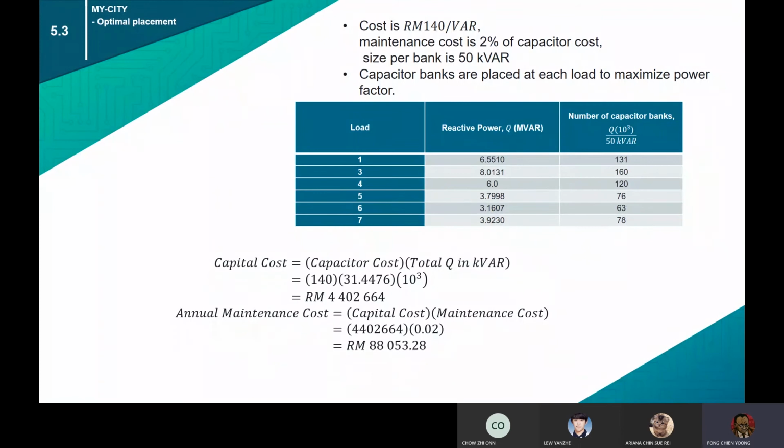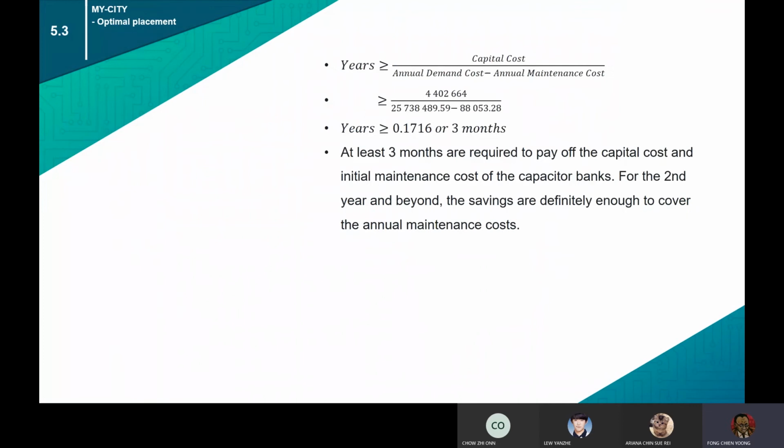Given the cost constraints, we try to place capacitor banks at each load to maximize power factor, and we calculate using those constraints to find the cost and the annual maintenance cost. From there, we approximate that 3 months are required to pay off the capital cost. For the second year and beyond, the savings are definitely enough to cover the annual maintenance cost.